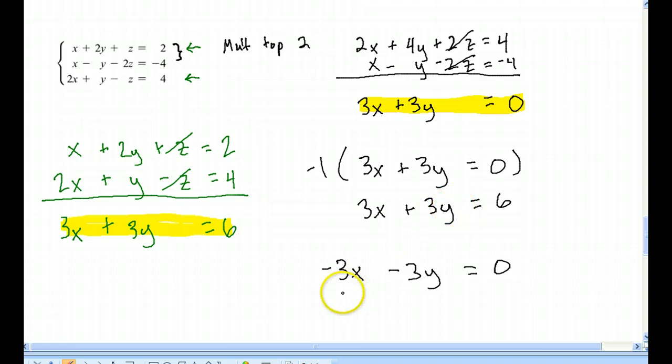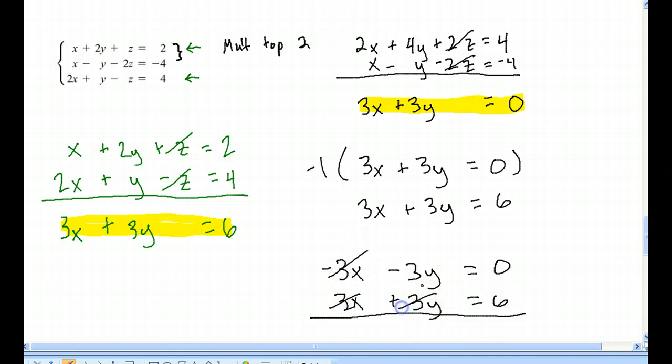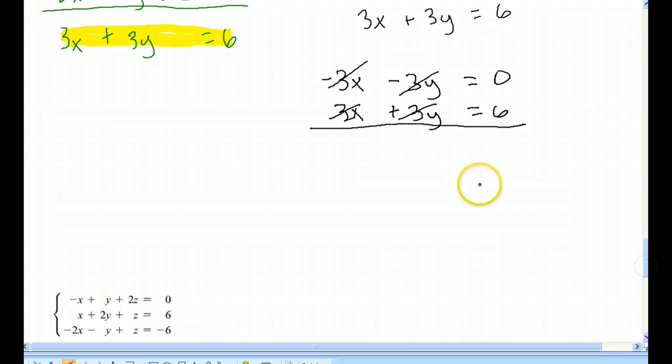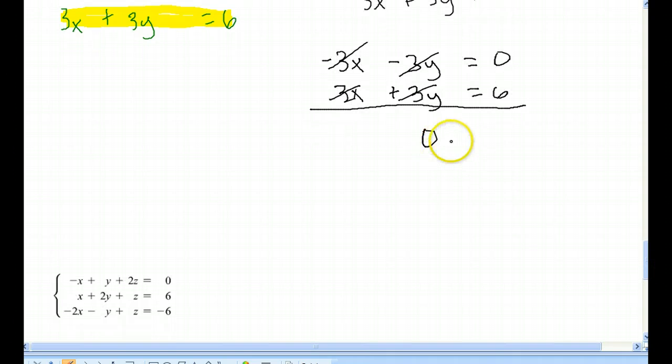And then just this same equation written again. And now when I combine these together, the x's cancel, but the y's also cancel, and I'm left with 0 on the left, but 0 plus 6 is equal to 6.